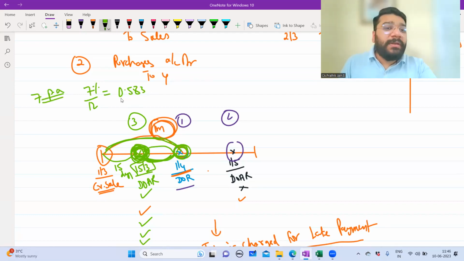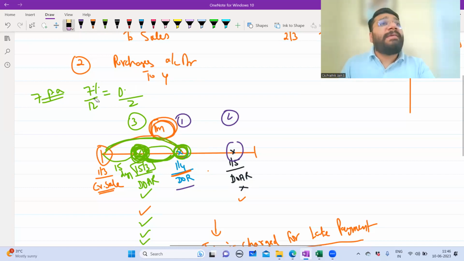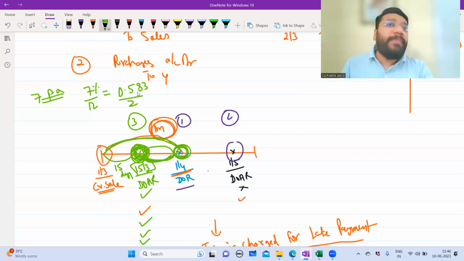This is the interest for 1 month. Now divide by 2 because we want interest for 15 days. So 0.2916 is the interest percentage for 15 days.